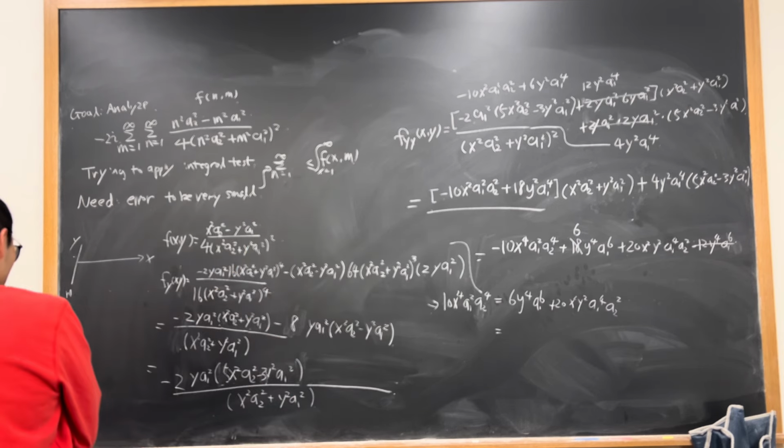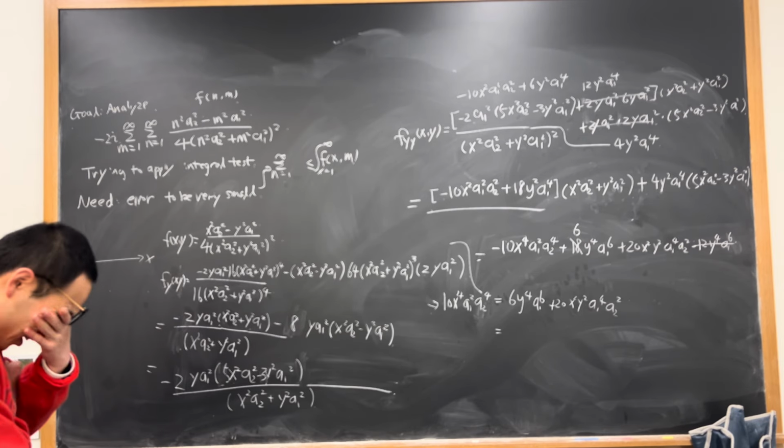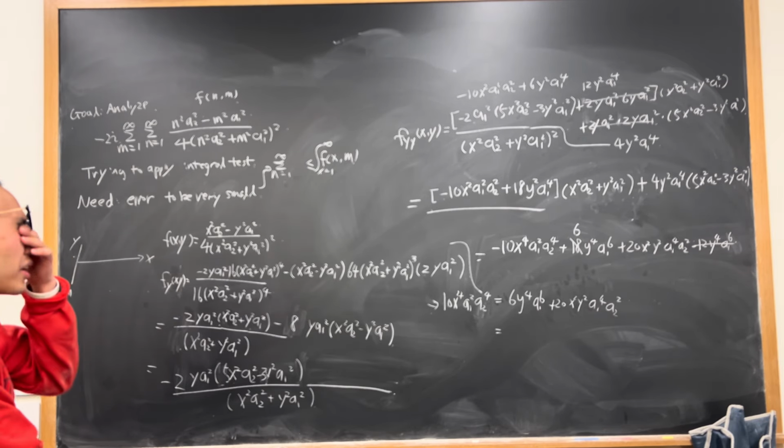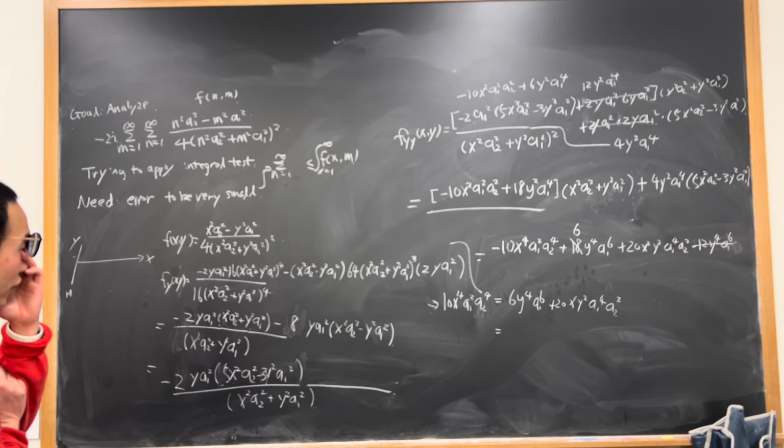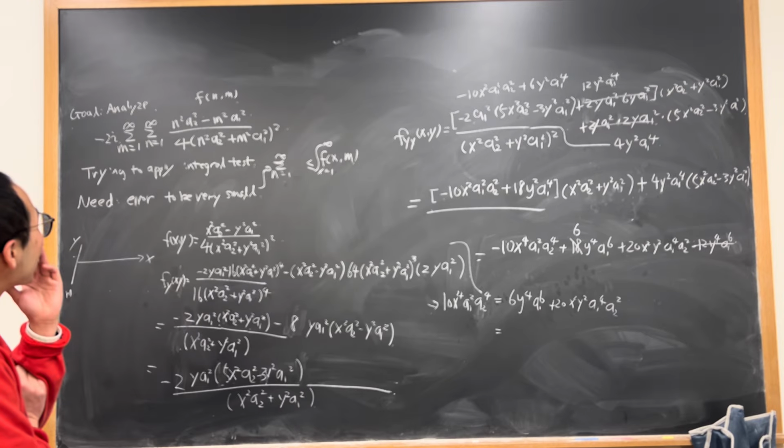Because the second derivative means the change of concavity, right? I don't think I need concavity yet. I only need to care where the function starts to decrease or increase.